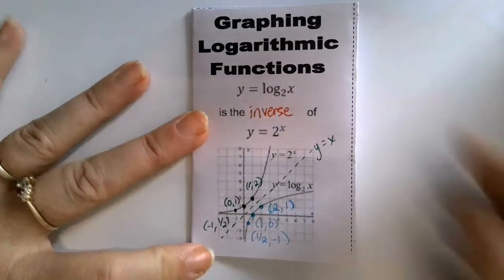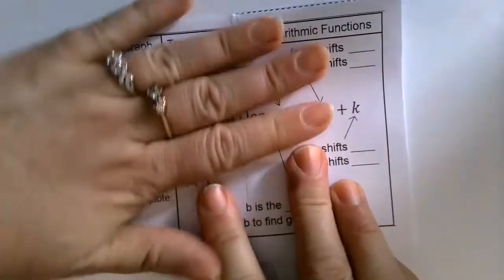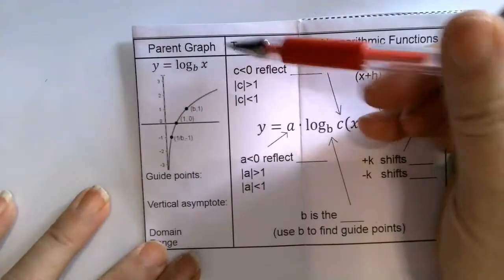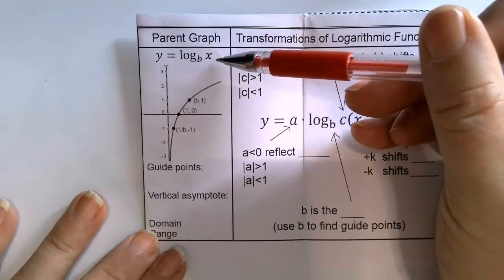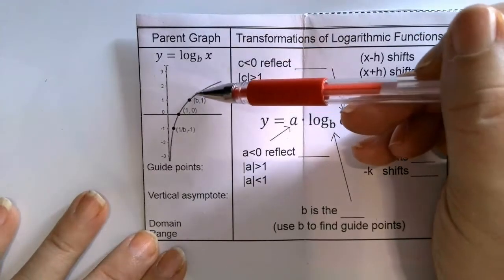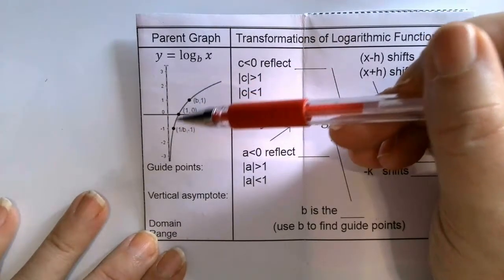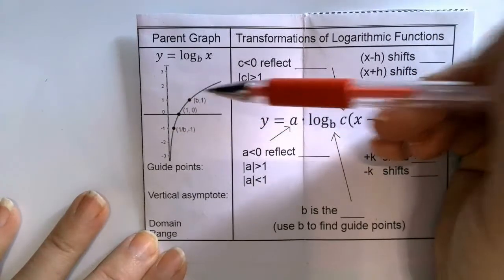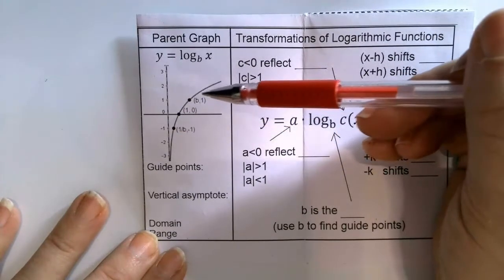When you open up to the first page on the inside, you'll notice that the parent graph of log base b of x always passes through the same 3 anchor points as y equals b to the x, only we're switching the x and y.